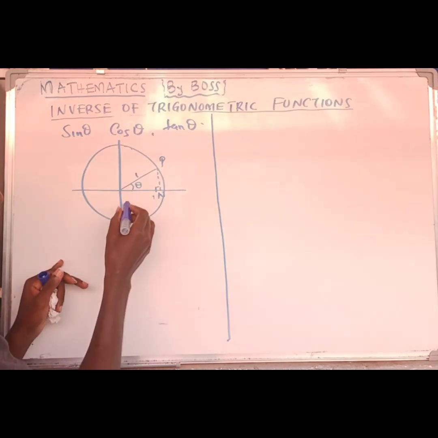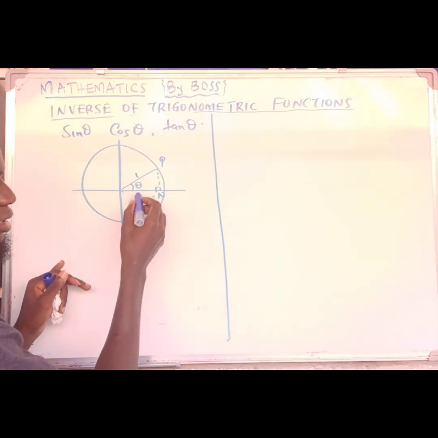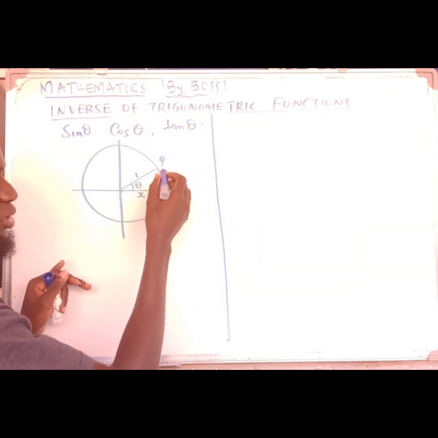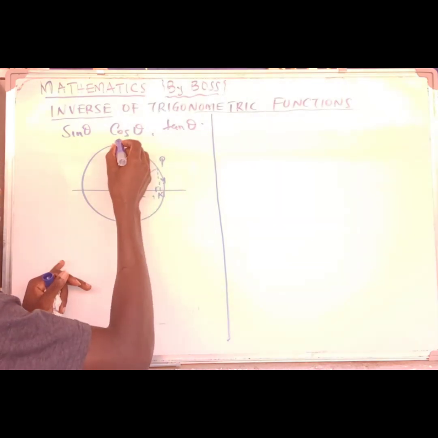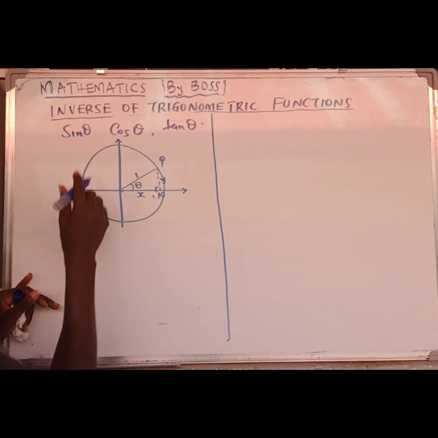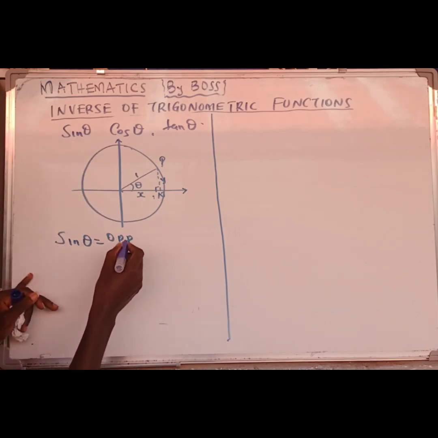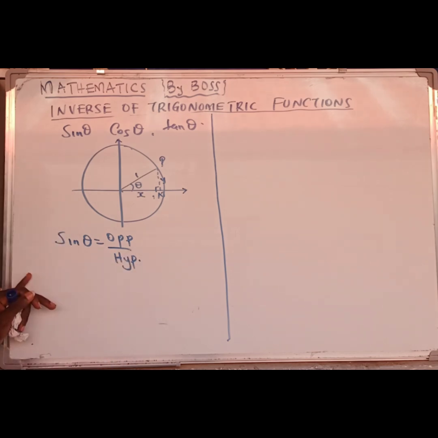So we can say let the distance from O to N be x, and that from N to P be y. Good. Then we know that sine theta is opposite over hypotenuse from SOHCAHTOA.